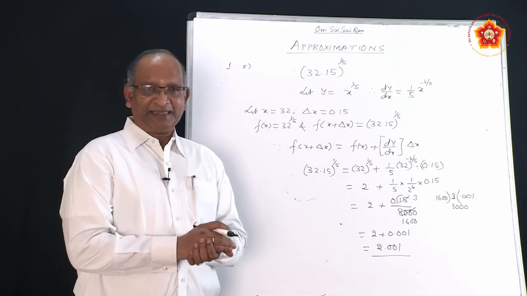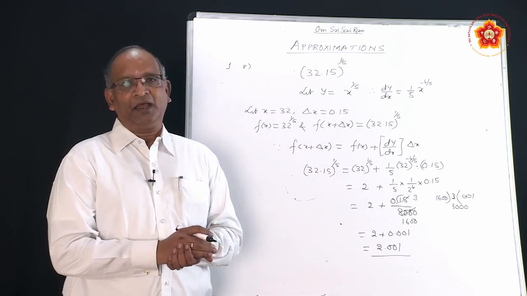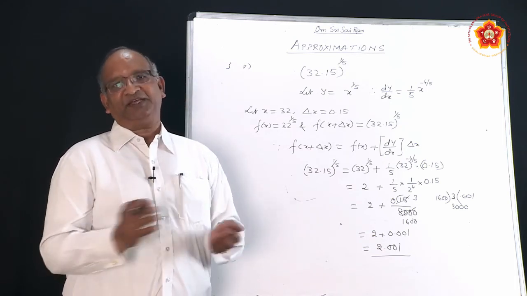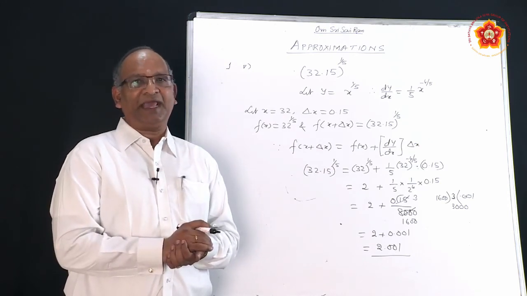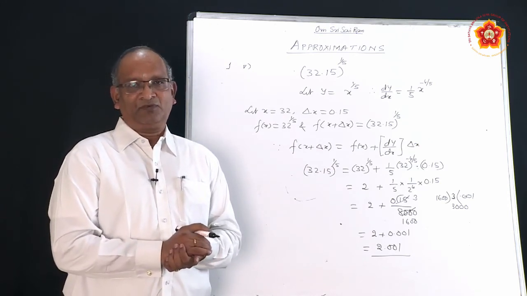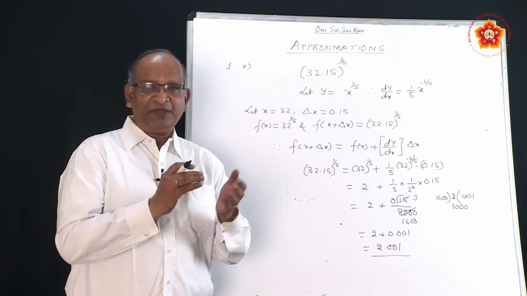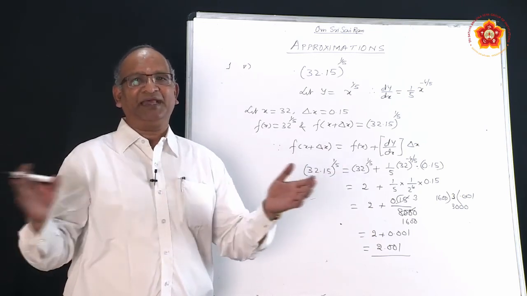Continuing this in the next session, we will be seeing how in different situations this approximation can be of some help. For example, a situation when you are measuring something, let us say you are measuring the length of a room.